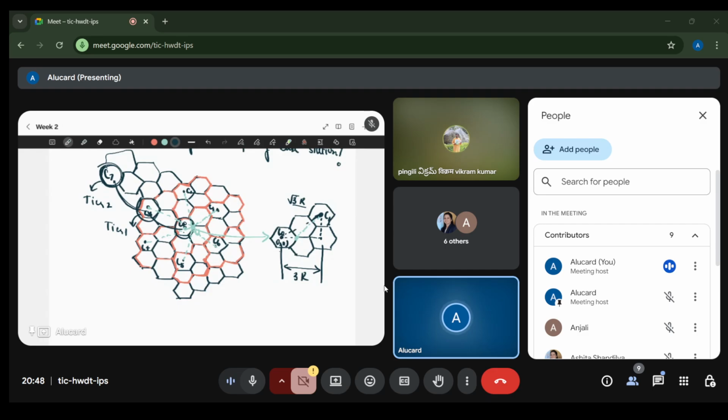No, it won't be 2R. It's from here. It's this distance. That's the y distance. So this is 2d.